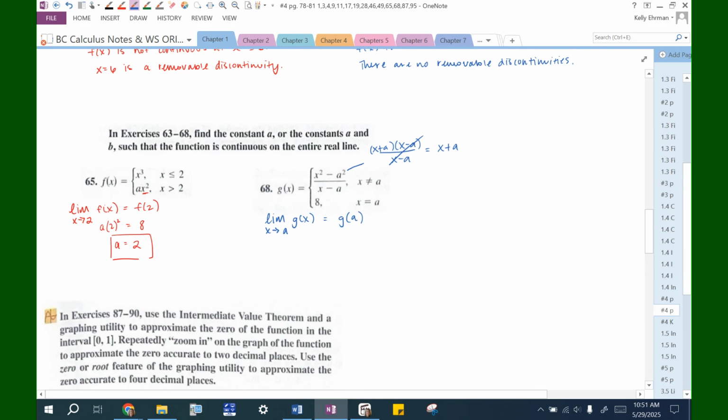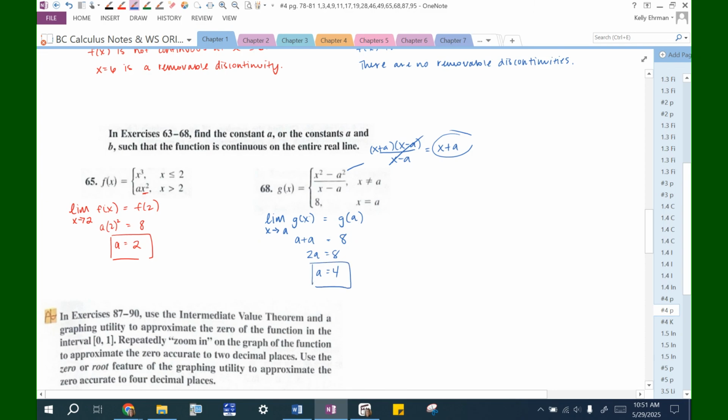So g of a is equal to 8. And this limiting value, we have to plug into x plus a. We don't want to just plug a into the original because we'll get 0 over 0. But if we simplify this a bit, we would get a plus a when we plug a in for x. So if 2a equals 8, then a has to equal 4.